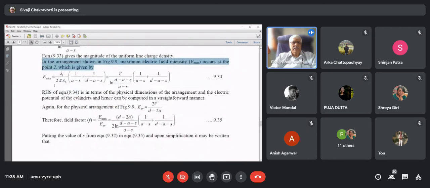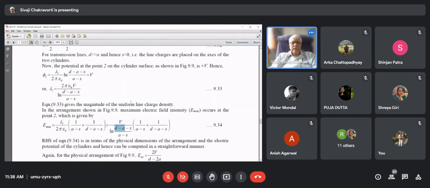For a line charge, we all know this is q by 2 pi epsilon r. And since the negative charge is there, we can write down the appropriate expression with the appropriate signs. This becomes 9.34. And now if I look at it, we can clearly see on the right-hand side that this depends on the charge, potential V, then distance D, then the radius A, and the eccentricity S, which can be computed.